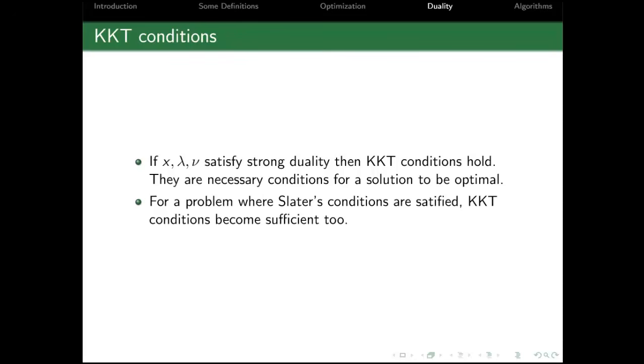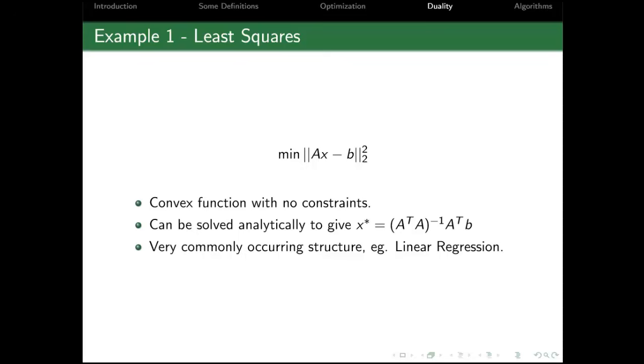Now we'll look at some examples. So first is the most popular example of least squares. We are trying to minimize the 2 norm of Ax minus b with no constraints.